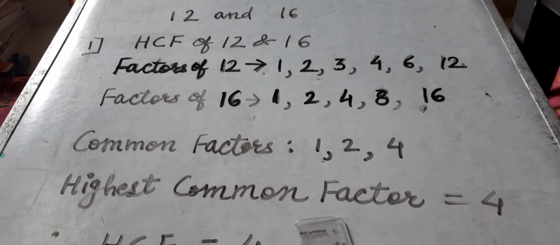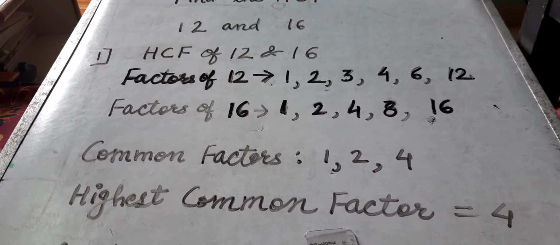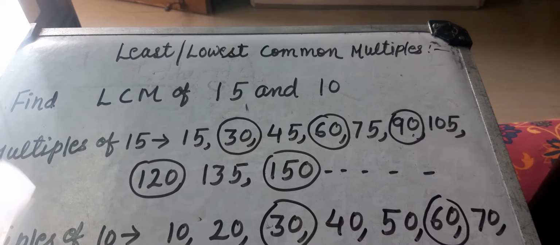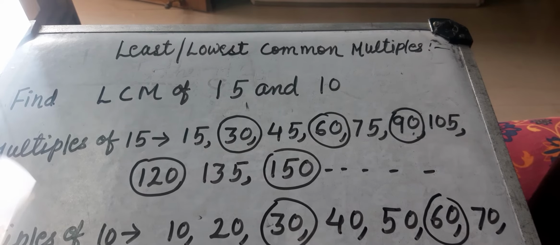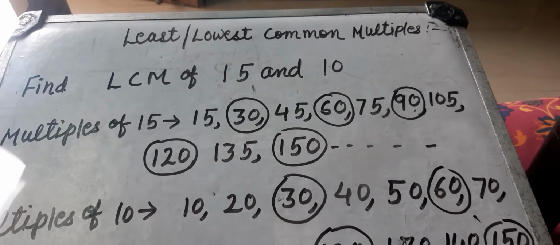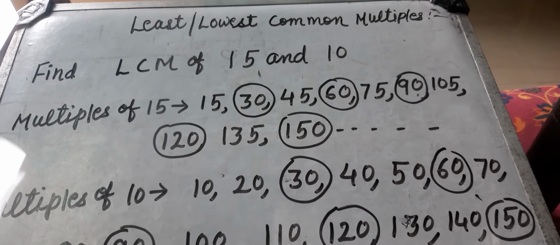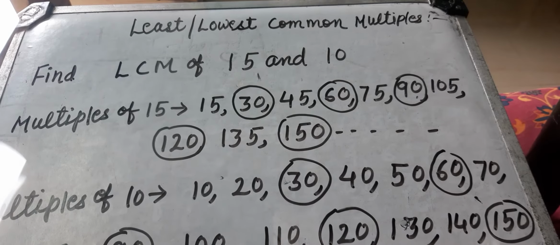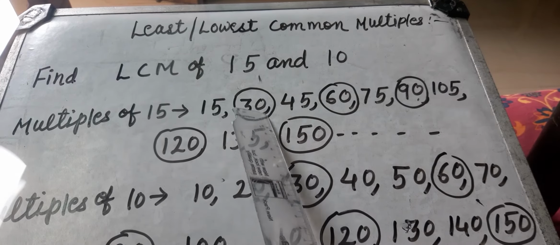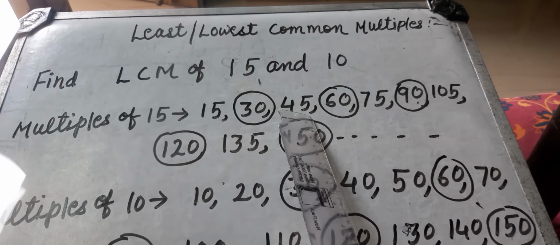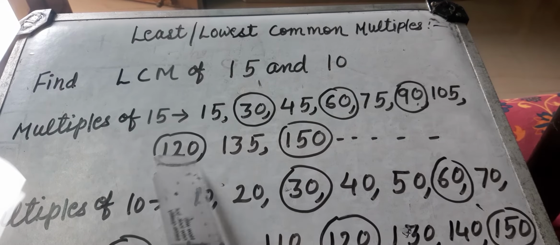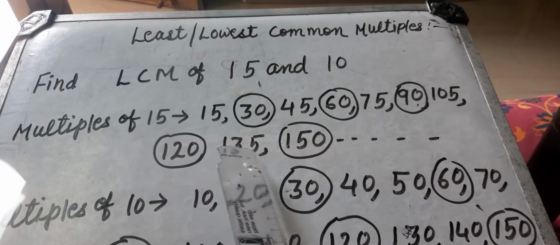Now we will see how to find LCM of given two numbers, least common multiple, that is LCM. To find LCM of 15 and 10, first we will find multiples of 15. Multiples of 15 are very easy. You have to say the table of 15. 15 ones are 15, 15 twos are 30, 15 threes are 45, 60, 75, 90, 105, 120, 135, 150.